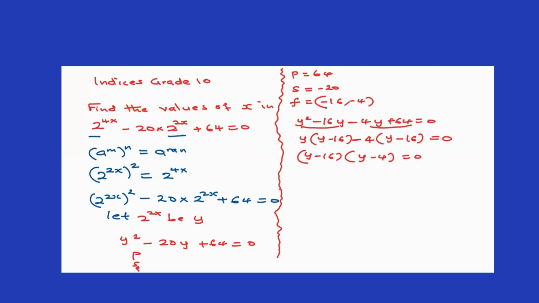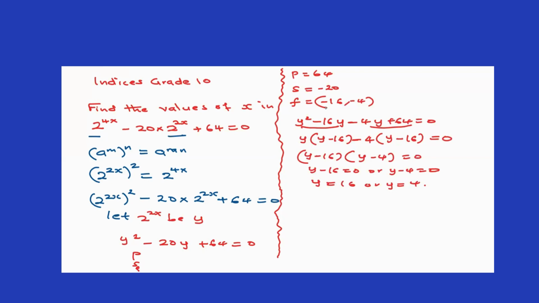Remember to put an equal sign and equate to 0, because if you don't, it will be an expression and not an equation that we will be solving. So equating both brackets to 0, we get that y is 16 or y is equal to 4.